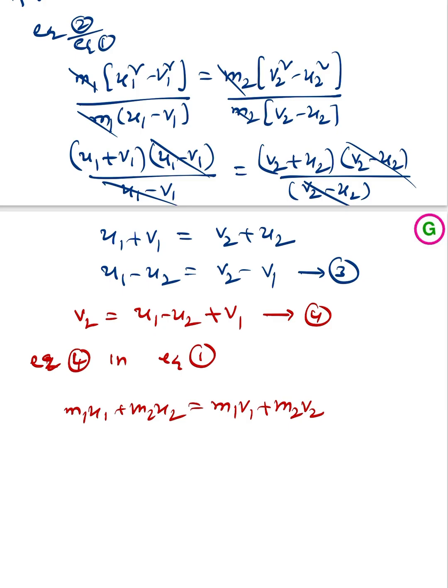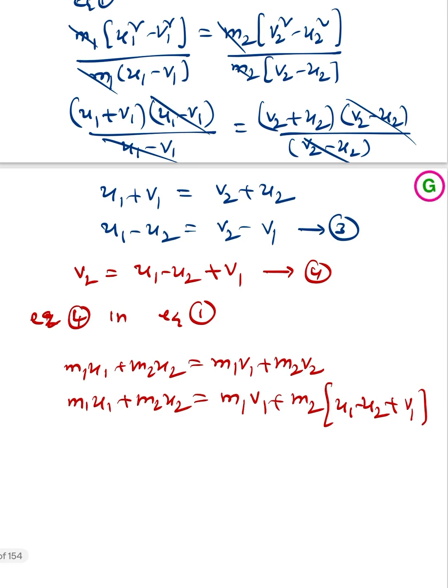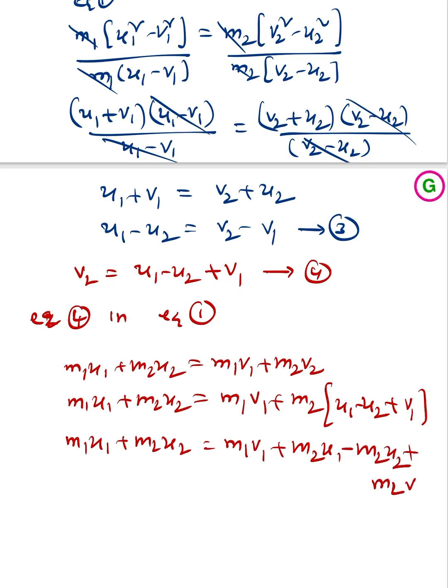Then m1 u1 plus m2 u2 equals m1 v1 plus m2 (u1 minus u2 plus v1). Expanding, m1 u1 plus m2 u2 equals m1 v1 plus m2 u1 minus m2 u2 plus m2 v1.